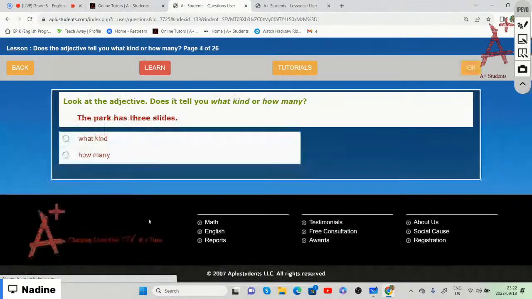So well done. The park has 3 slides. So 3, right? Does it tell us what kind of slides the park has, or does 3 tell us how many slides the park has?